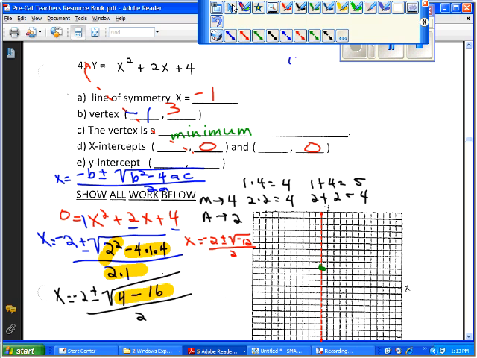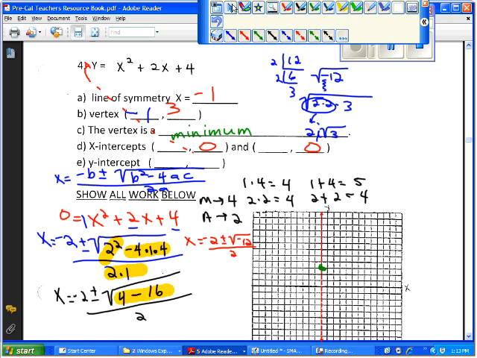Now, remember that we are supposed to know how to deal with i's, and we're supposed to know how to deal with radicals. If we take square root 12, divide 2, we get 6. Divide 2, we get 3. Remember that there's a pair of 2's and a single 3. From that set of 2's, you would pop out a 2, and the single 3 would go back in. But because it was square root negative 12, from that negative, we pop out an i, and so we get 2i square root 3.